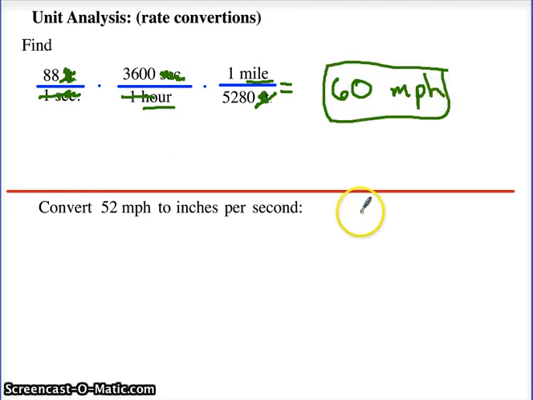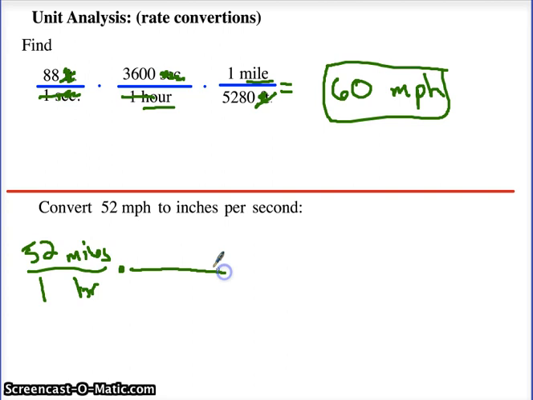So let's do the same thing with 52 miles per hour on the bottom here. We've got 52, we already have miles, and we're talking in 1 hour. But we want to be in inches per second. So let's deal with the miles first. Knowing that there are 5,280 feet in a mile, we can at least make one jump to get our labels into feet.